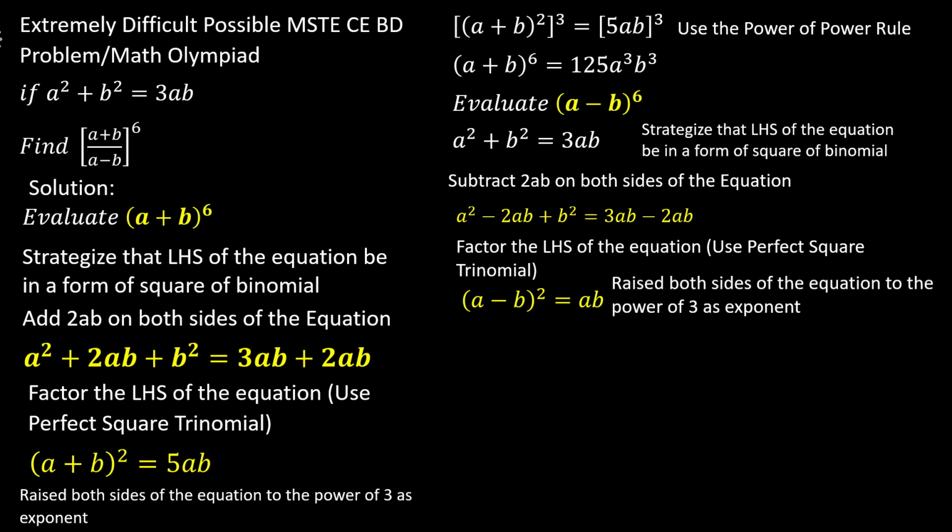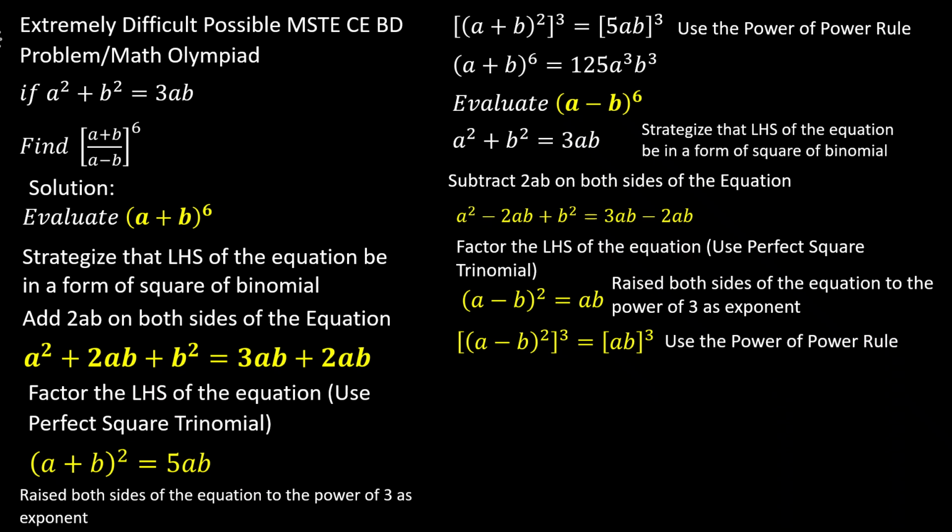And then again, just like what we did previously, we need to raise both sides of the equation to the power of 3 as exponent. In doing that, our equation is now read as the square of (a minus b), in brackets, to the third power equals (ab), in brackets, raised to the third power.